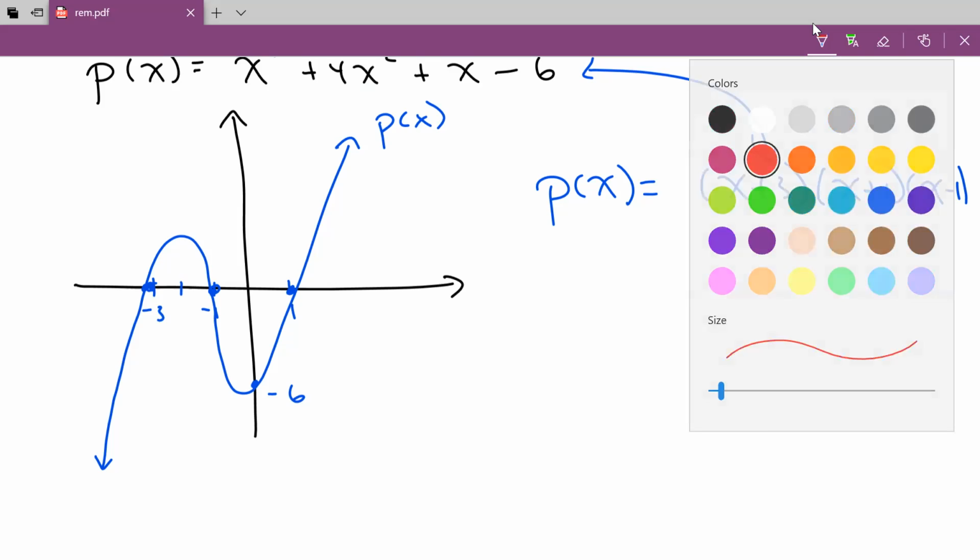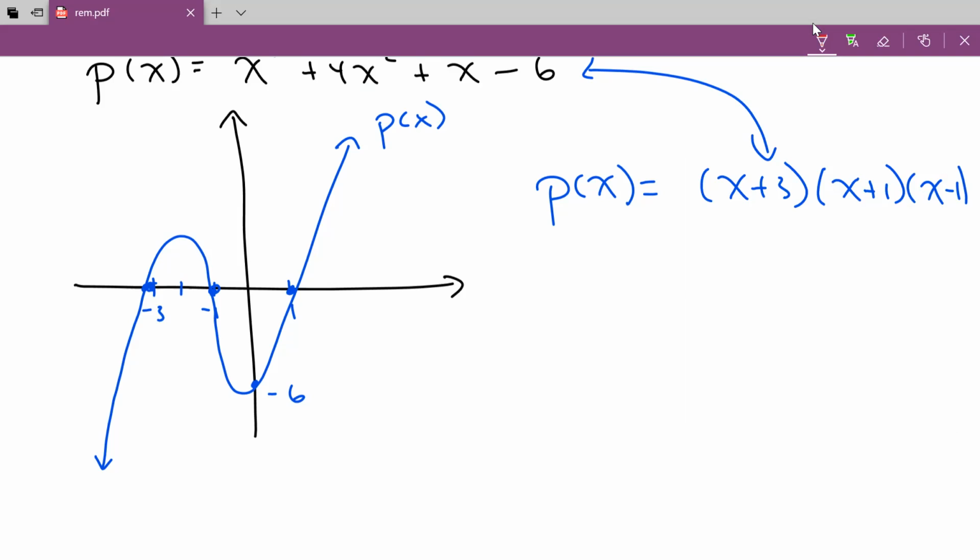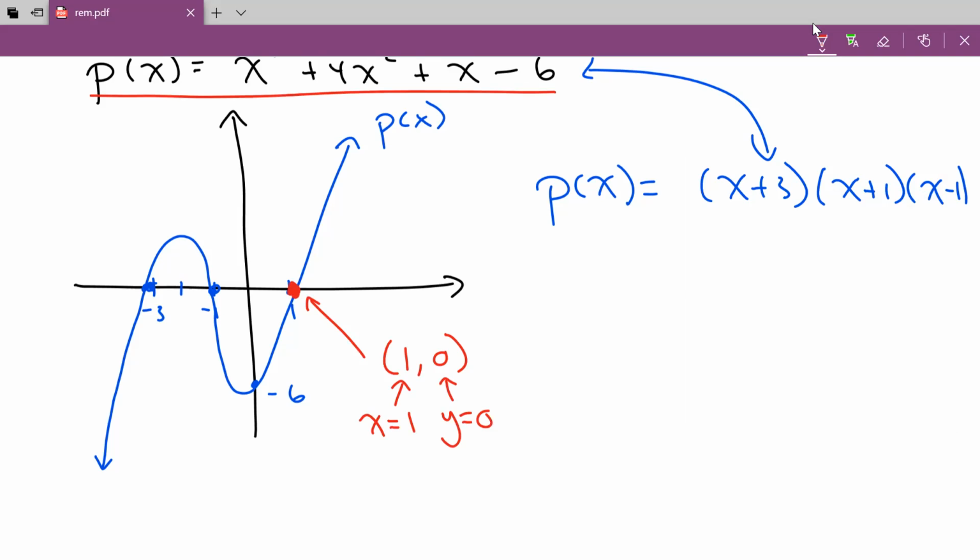Here's how I want to think of this. Let's consider this x-intercept right here. This x-intercept, what this is telling us is it's this coordinate pair, 1, 0. But let's look at what happens here. This is x is equal to 1. And it says y is equal to 0. So let's go to our polynomial here and see what happens.